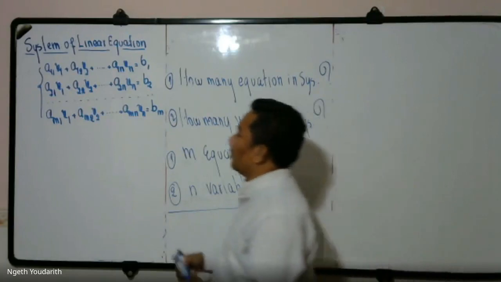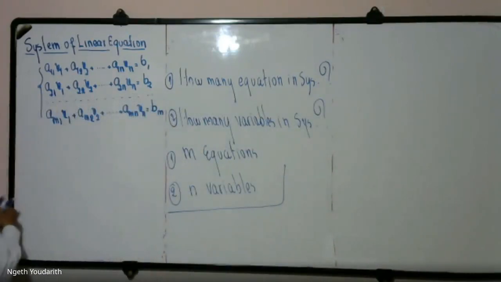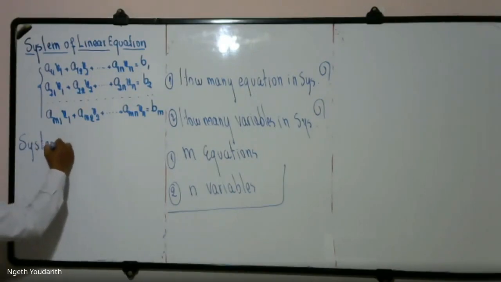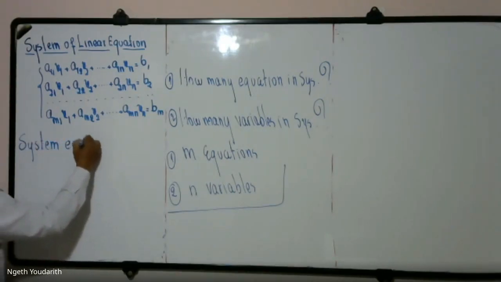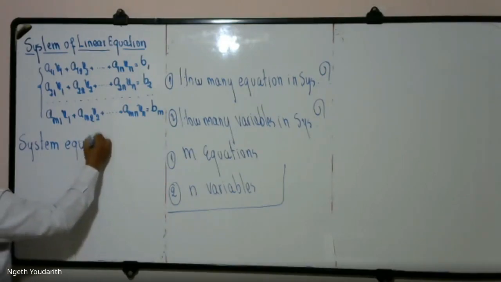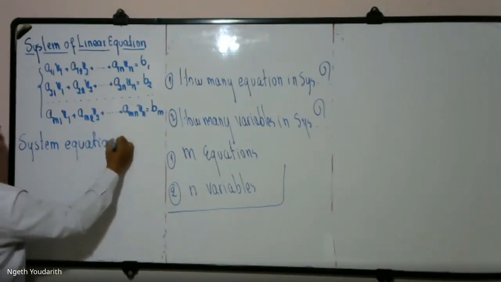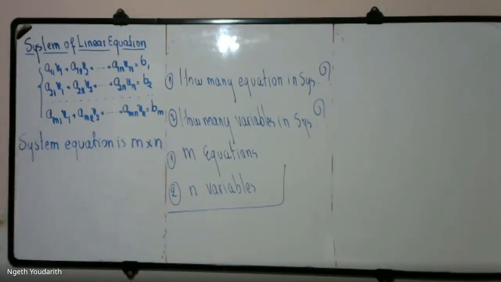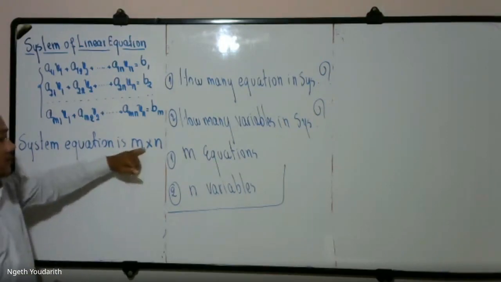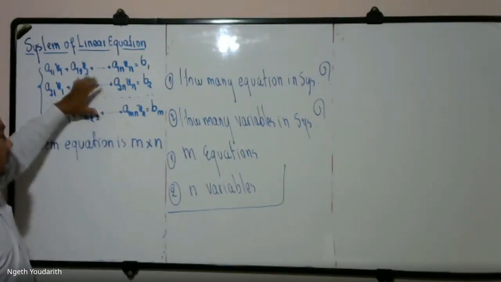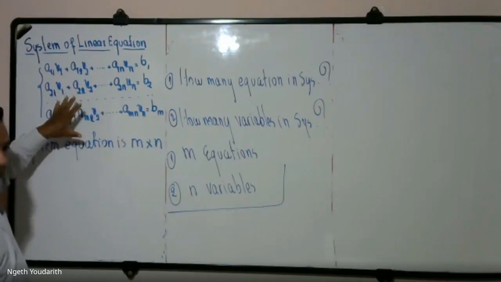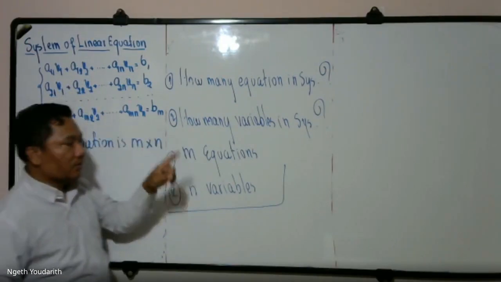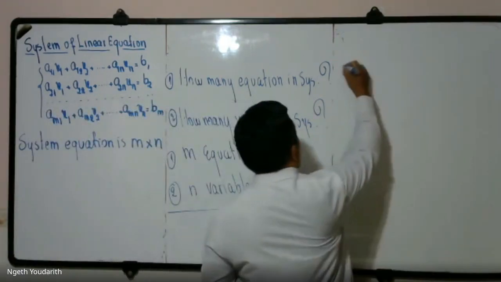So we can call our system of linear equation m cross n. When I write m cross n, it means that our system has m equations and n variables.